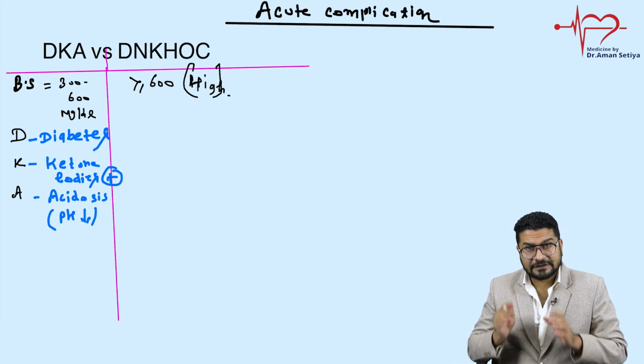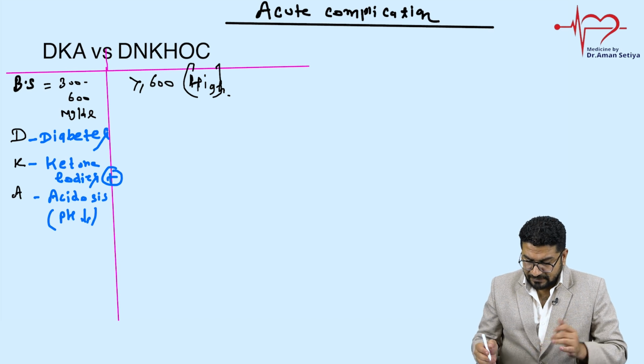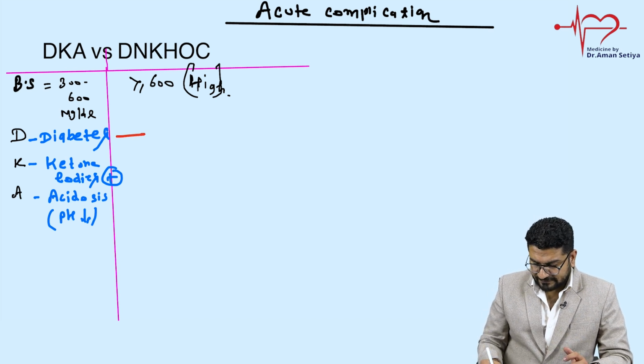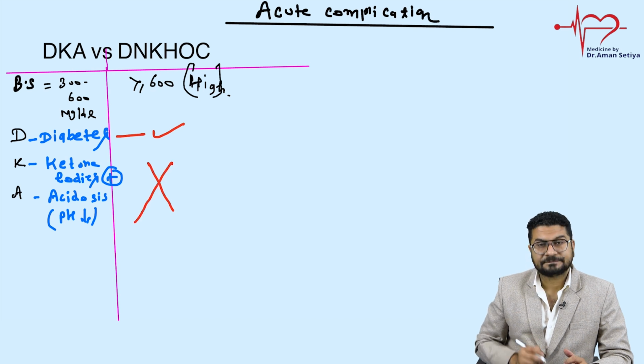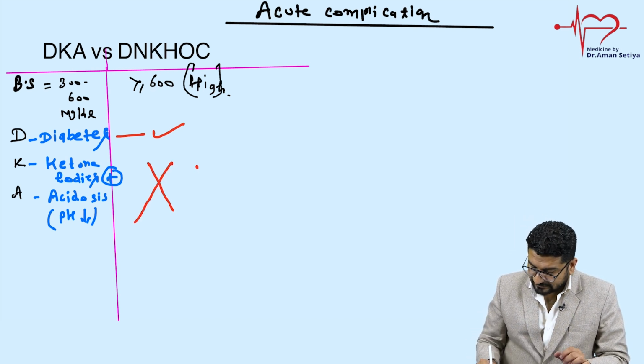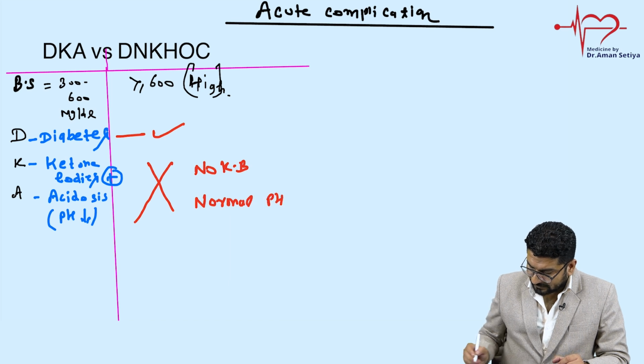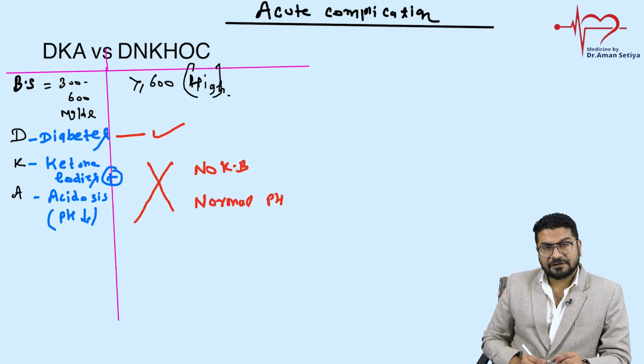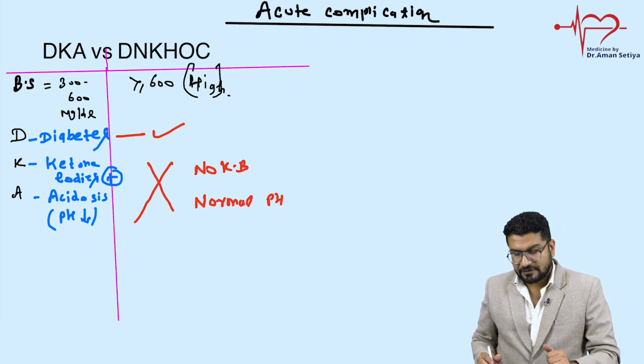In coma the patient will be diabetic, but these two things are absent. Very, very important, in coma there are no ketone bodies, and there is normal pH.